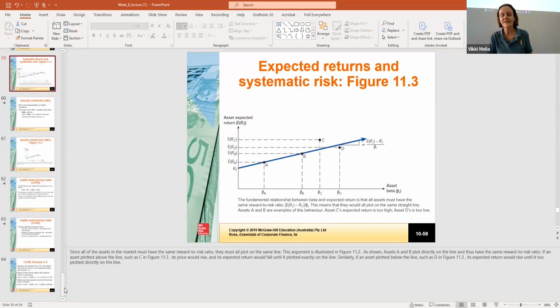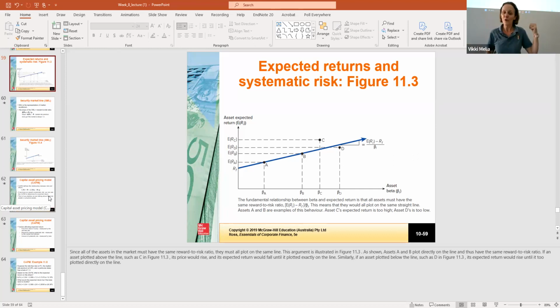So I'm going to skip ahead now to what's called the capital asset pricing model. The capital asset pricing model is going to bring together these concepts of beta, which is our measure of systematic risk, and the expected return from an asset.